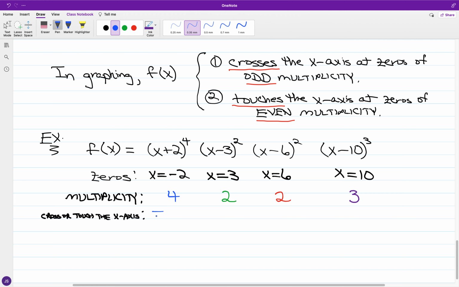And where is it going to touch? It's going to touch at x equal to negative 2. And for x equal to 3, 3 has an even multiplicity, and for the same reason, at that zero, it is going to touch. And for x equal to 6, you have an even multiplicity, so at that location, it is going to touch.